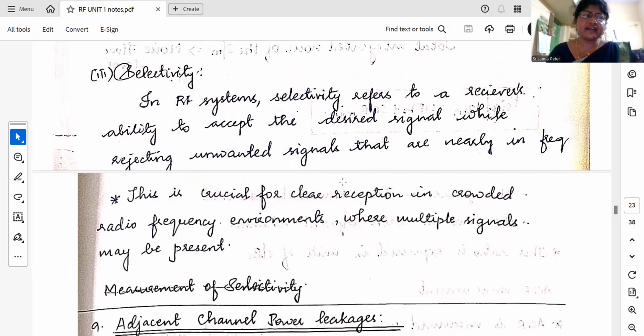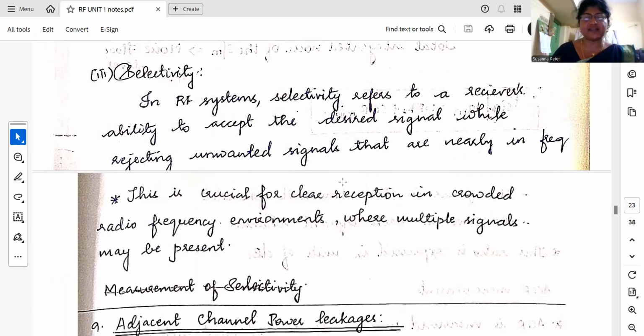In real world environments, signals often appear close to each other in frequency, for example radio stations and cell towers. A receiver with poor selectivity, if the selectivity is not sufficient, will pick up adjacent channel interference.